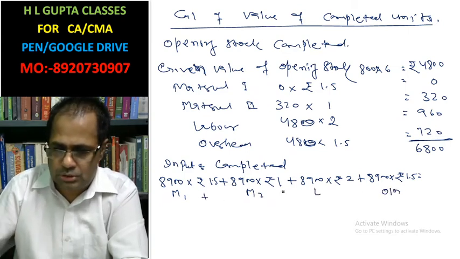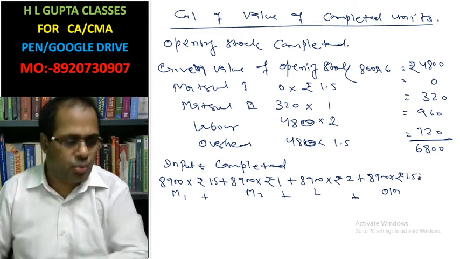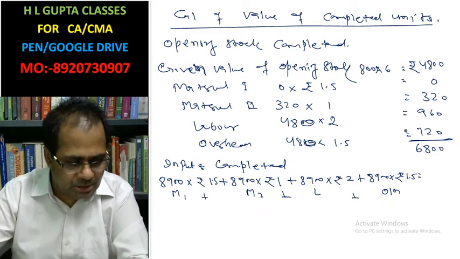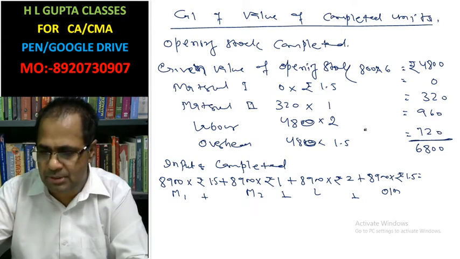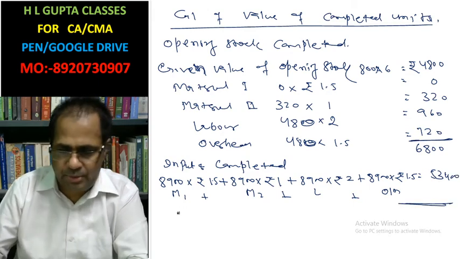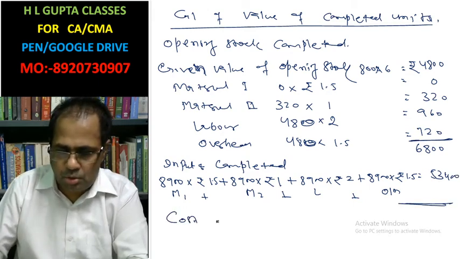These all cost. Okay. Now what will be this? 53,400. Cost of transfer unit.